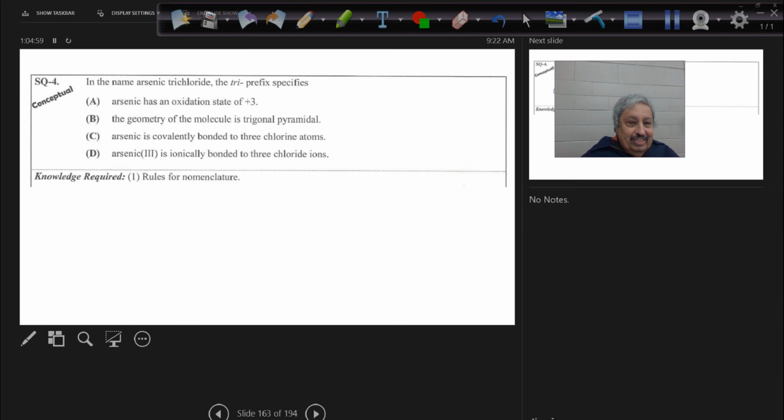What's the name of this? In the name arsenic trichloride, the prefix tri specifies what? So we have arsenic, As, and trichloride.